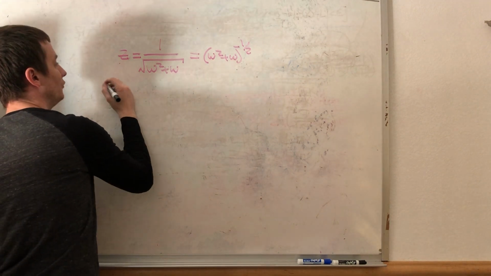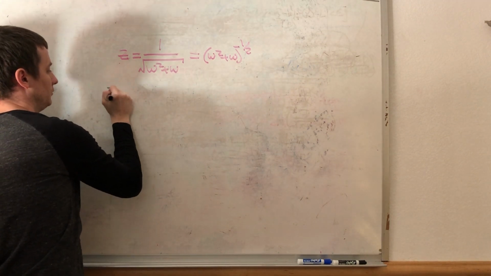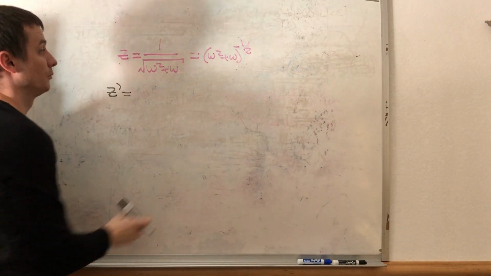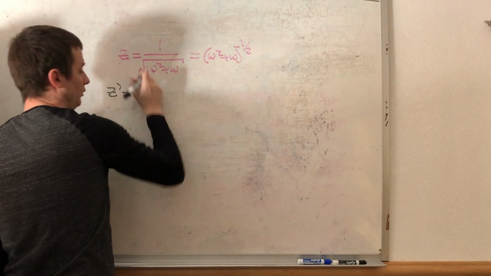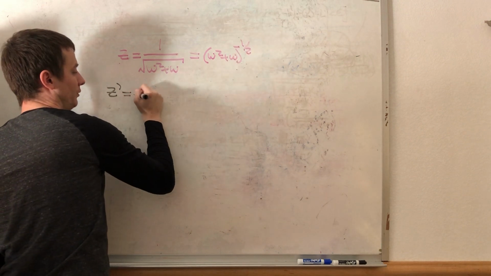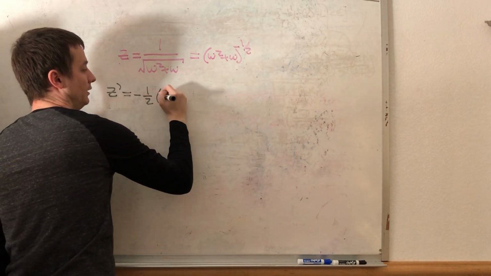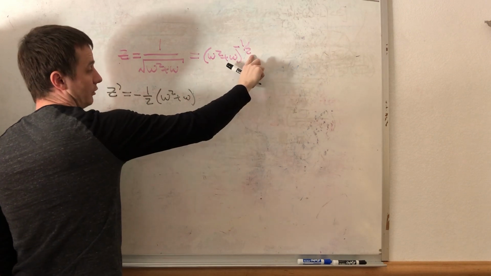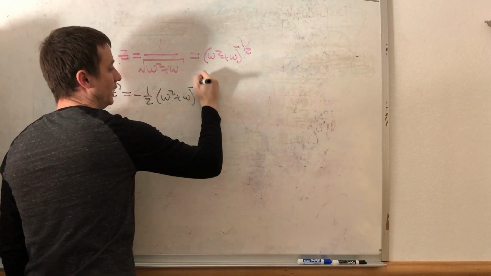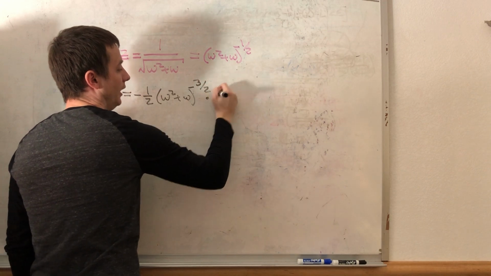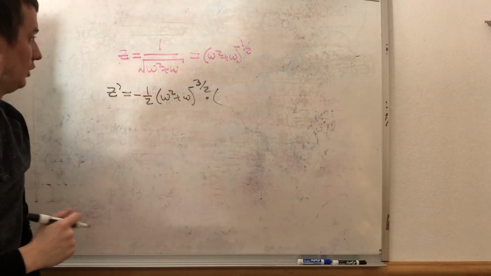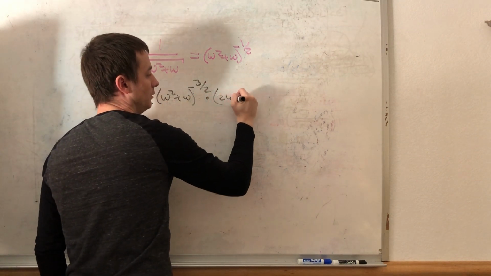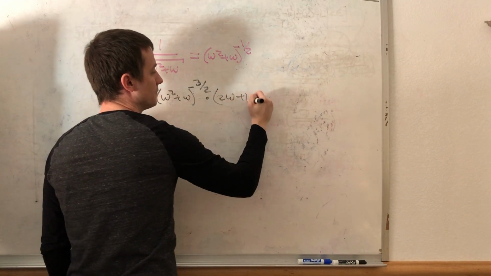So then, the derivative of z with respect to w, or z prime, is going to be equal to, when we take the derivative of the outside, bring down the negative 1/2, so we have minus 1/2, times w squared plus w, but you subtract 1 from the exponent, so this is to the minus 3/2, times, don't forget the derivative of the inside, chain rule. So the derivative of w squared plus w with respect to w is 2w plus 1.